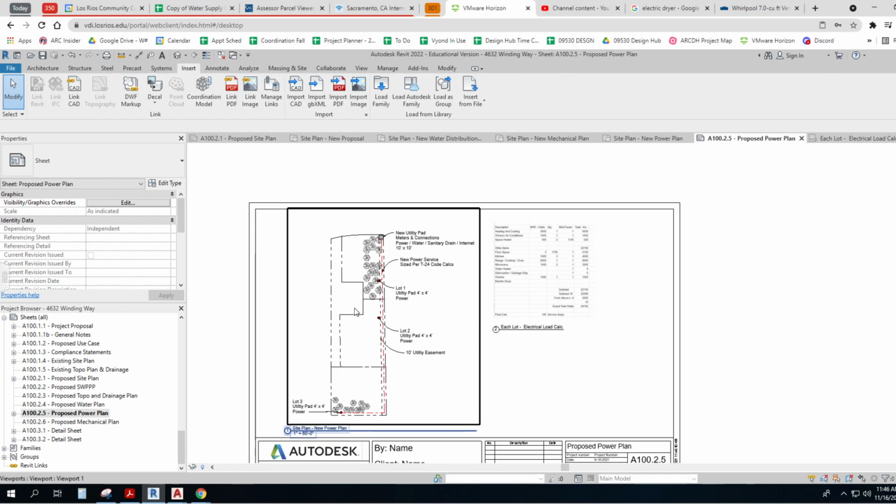Now yours can look different. I've seen some really neat looking concepts for how to arrange these lots and do some cool things with them. And so this may not be appropriate for every lot to run it over here. And you can run it underneath the common area roadway.